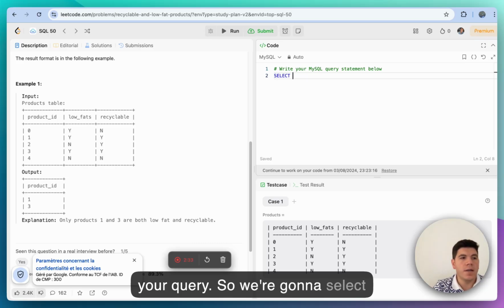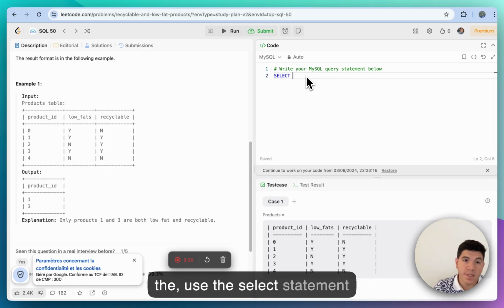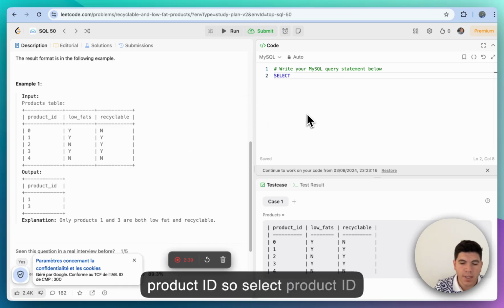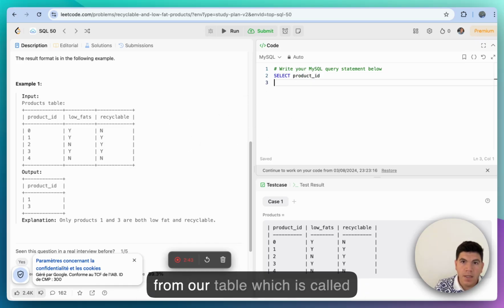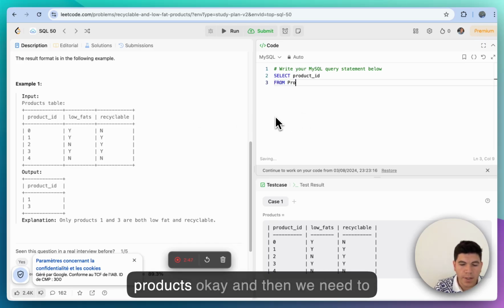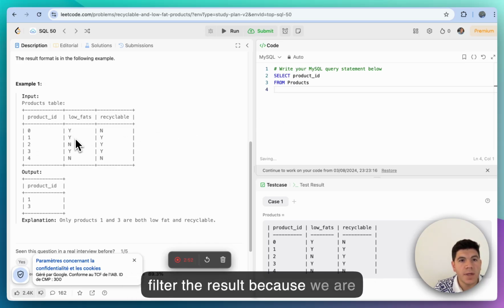So we're going to use a select statement because we need to get the product ID. So select product ID from our table, which is called products. Then we need to filter the result because we are only interested in low fat and recyclable, which both need to be yes.